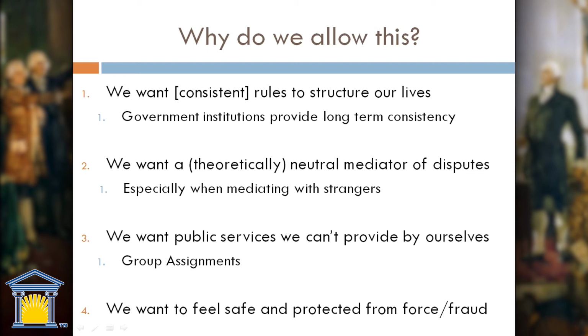The first of these goals, the first thing that we want to achieve, is a set of consistent rules to structure our lives, right? So we want rules that tell us things like how we can interact with other individuals. What can people do to me and what can they not do to me? What can I do to them? What are the social expectations I can have when I leave my house?